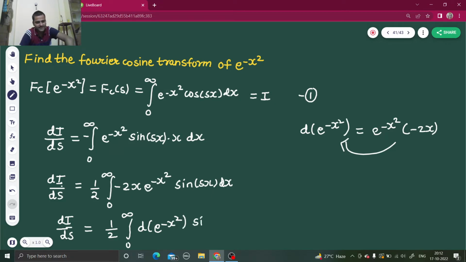Sin sx dx. Now I will obviously want to integrate the first one, because I know that integral of derivative is the function itself.